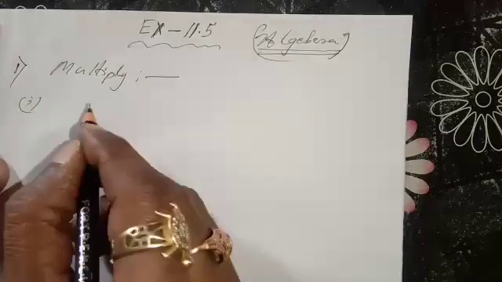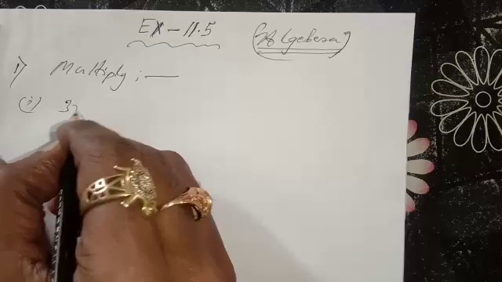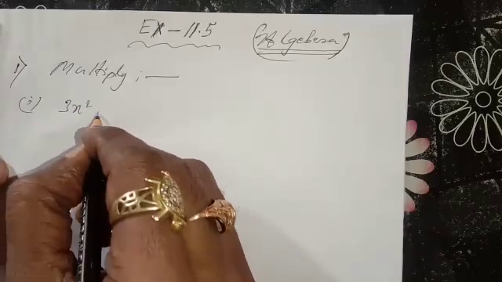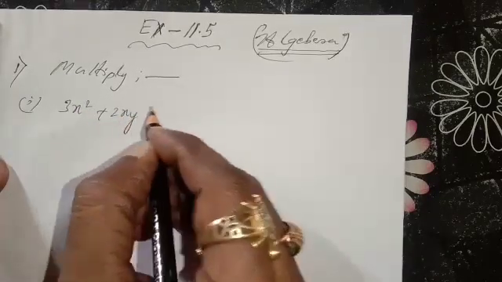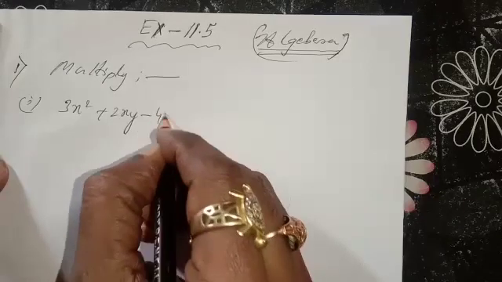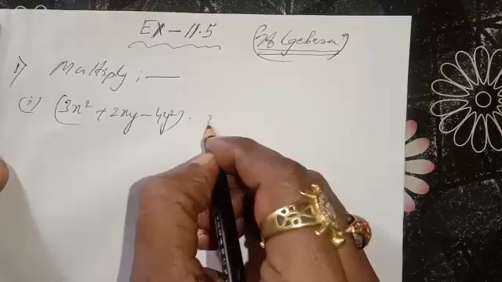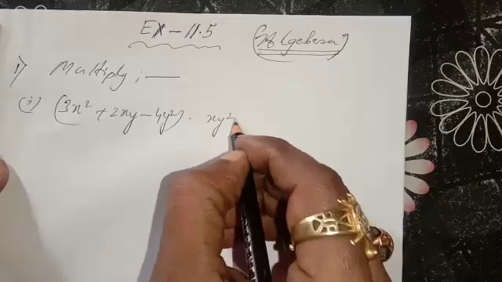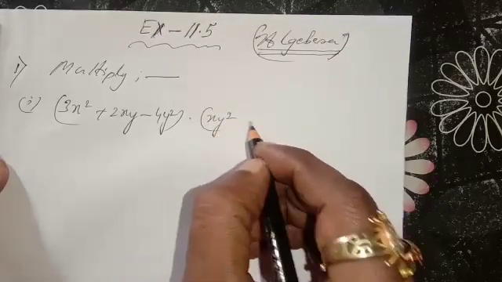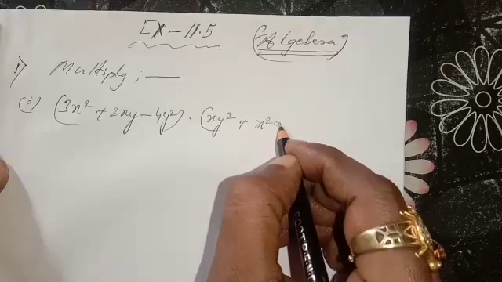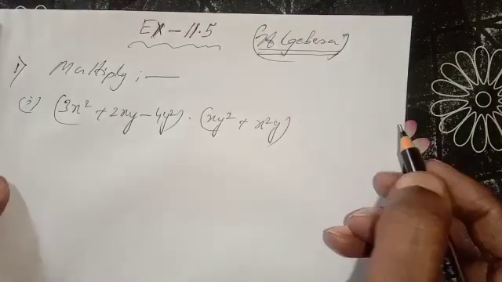The first part question given: 3x square plus 2xy minus 4 over y square into xy square plus x square y.